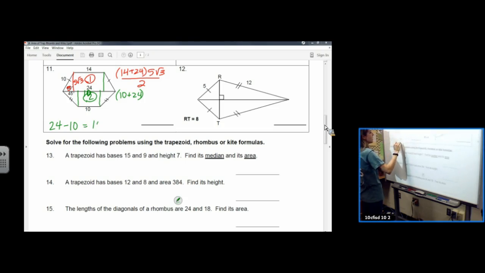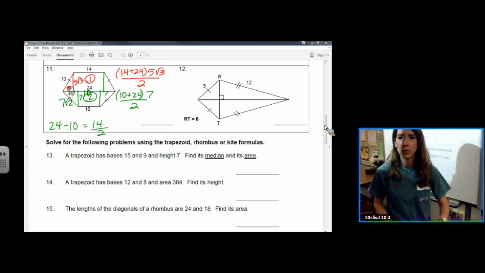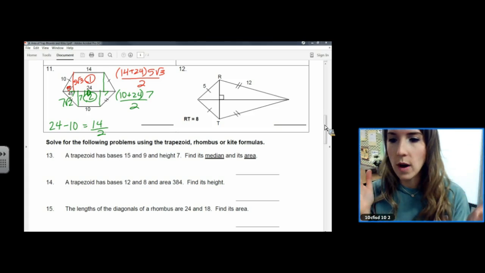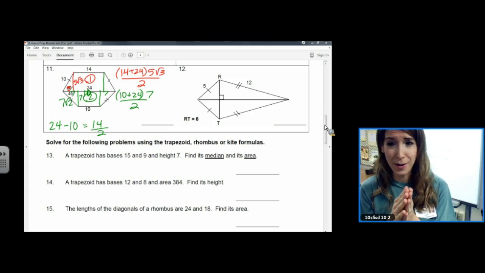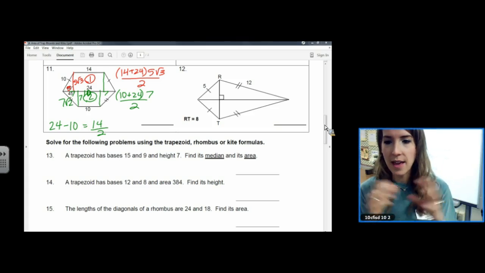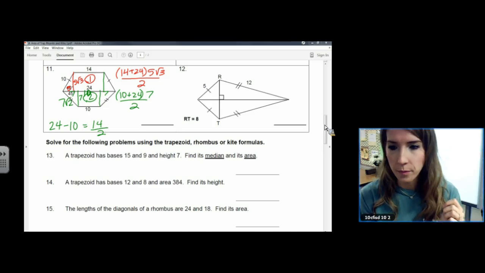So that's 14, and then we divide it by 2. 7, 7, 7 root 2. So the height is 7 divided by 2. One of those is going to have a radical, one of them is not going to have a radical, and we will just add them together. We won't be able to combine them at all.